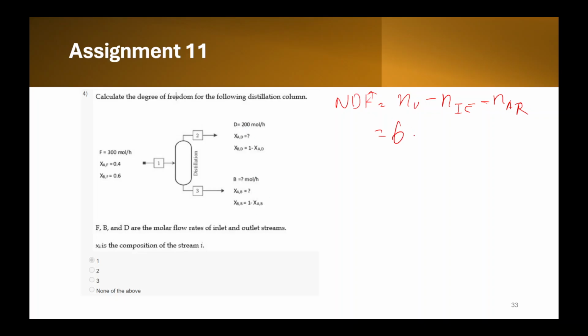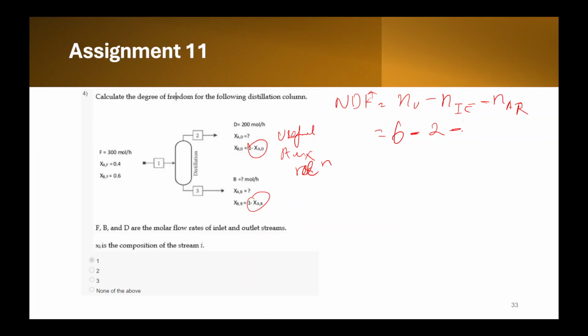The number of components is 2, so the number of independent equations equals the number of components for a system without reaction. So that will be 2. The useful auxiliary relations, in order to find your unknowns, are these two.